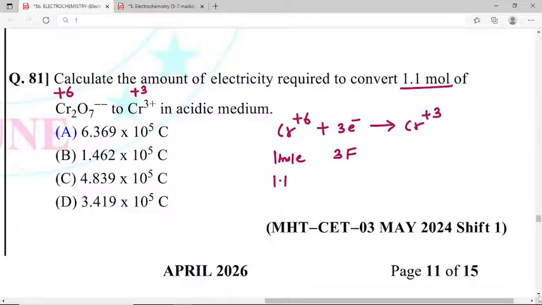So 1.1 mole required how much? 1.1 mole required 3.3 faradays. So therefore 3.3 faradays multiplied by 96500 coulombs. So this is coulomb, and again this whole multiplied by 2. We'll get the answer 6.369 into 10 to power 5 coulombs.